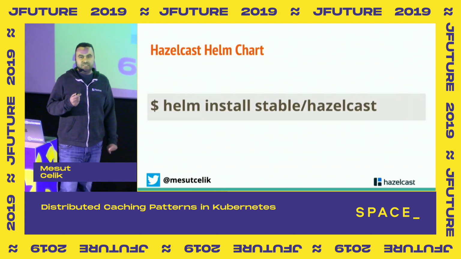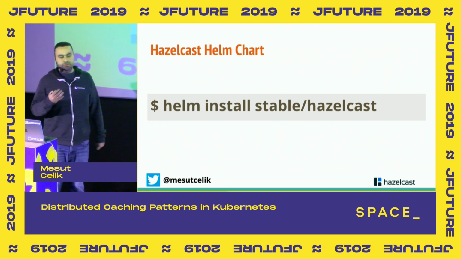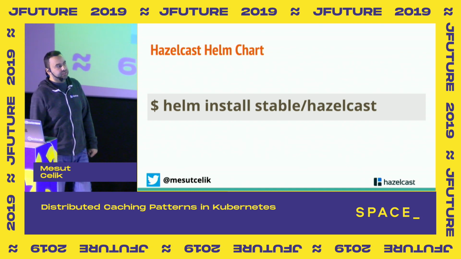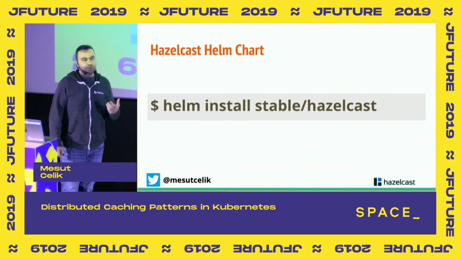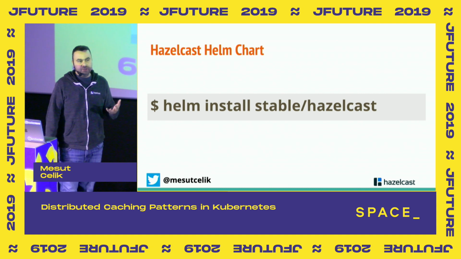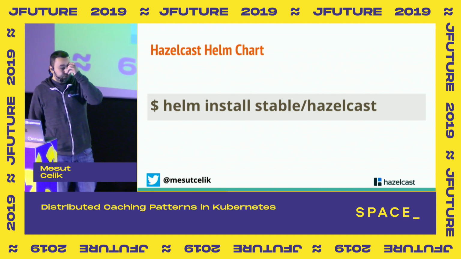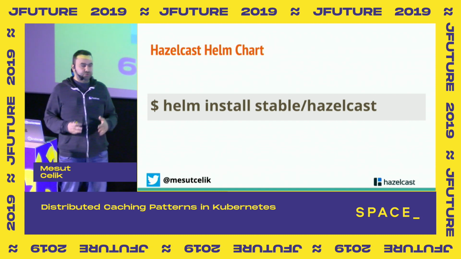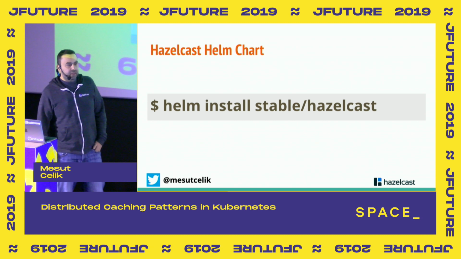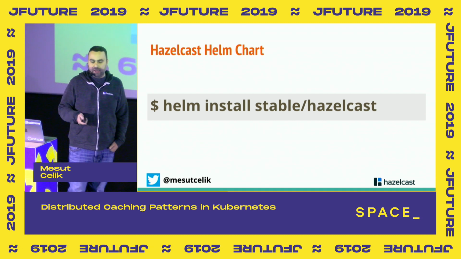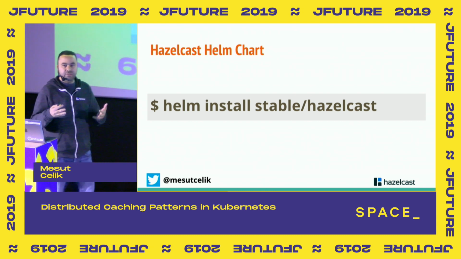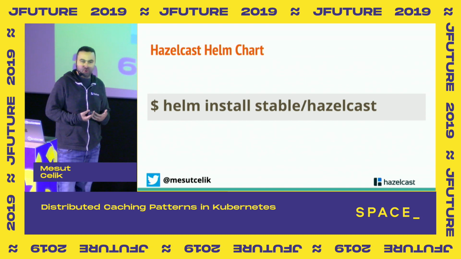So one option is the Hazelcast Helm chart. If you use helm install stable/hazelcast, it will by default deploy a 3-member cluster plus Management Center. So you will just get a complete platform when you just execute this command. And let's say that if you need to have some metrics, if you say metrics enabled true, then each Hazelcast member will expose metrics in Prometheus format.